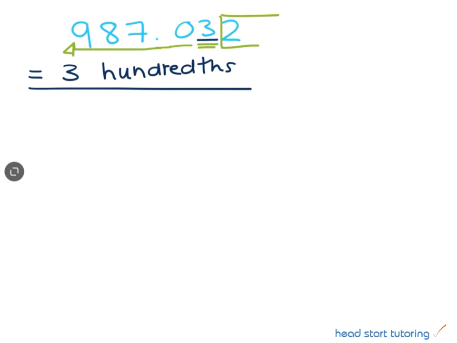We will then, so let's have a look at our 7. In our 7 units, which is 7 over 1, we need to get that out of 100 to see how many hundredths there are in 7 units. So we multiply our 1 by 100, we multiply our 7 by 100, and we end up with 700 units.